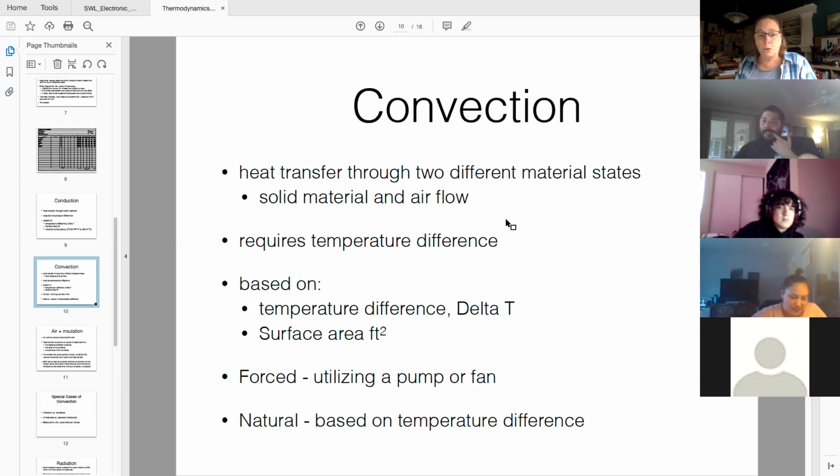You can also create natural convection, and that is done strictly based on temperature difference. An example of that is where you're not forcing any air to circulate in the room, but you have a floor surface, and this is like passive solar heating. The floor surface is really nice and warm because it's been collecting a lot of solar heat gain during the day.